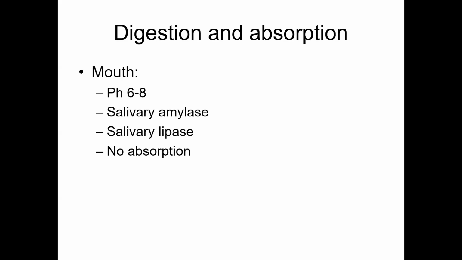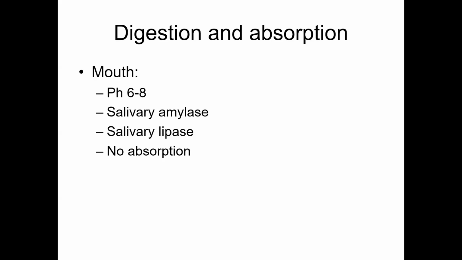In the mouth, the pH is from 6 to 8. Can physical digestion happen in the mouth? Absolutely. You have teeth to tear apart the big particles, and the tongue helps mix the particles in with the saliva and also helps break down the big particles.